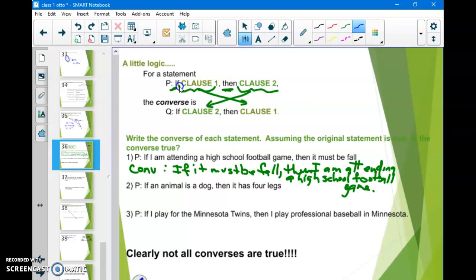All we do is take this, and that becomes the second, that becomes the first.